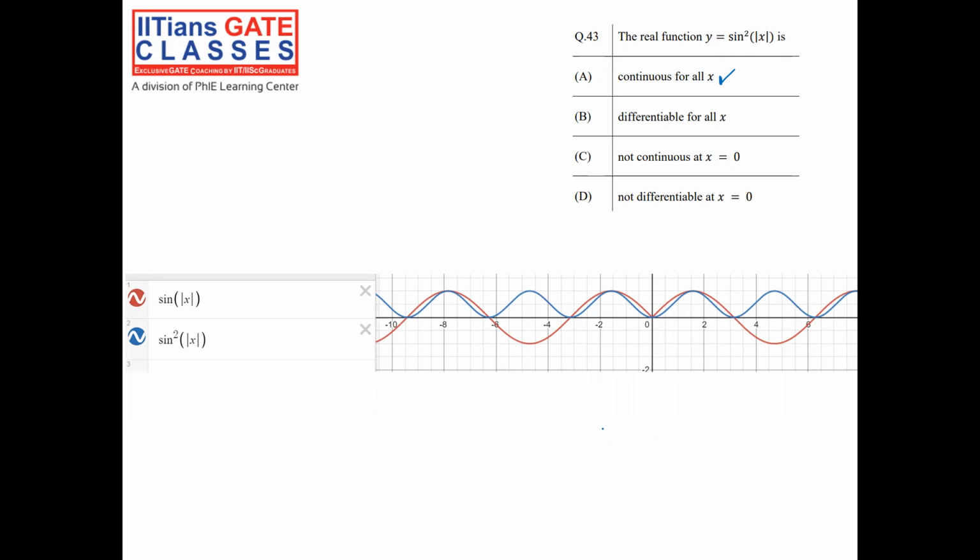But as they are asking us the square function, sine square mod of x, and looking into the curve, we can say that the function is differentiable for all values of x. So both option A and B are correct in this case. Okay, all differentiable functions are continuous. Okay, so that's also the reason why we are taking the option A.